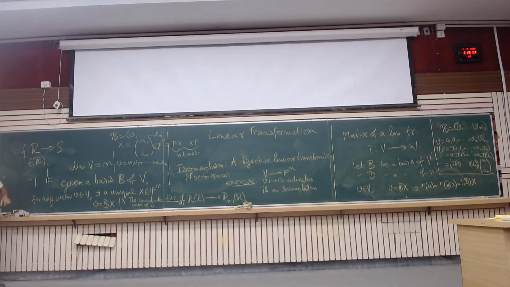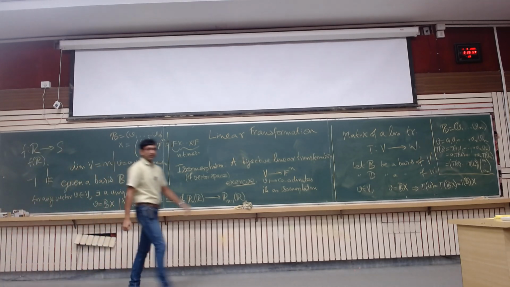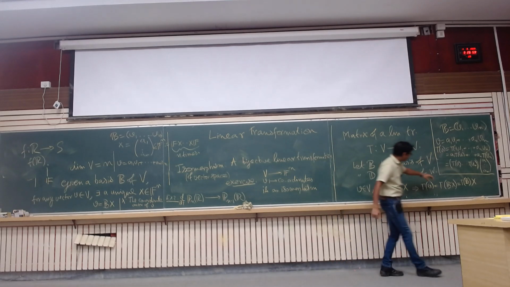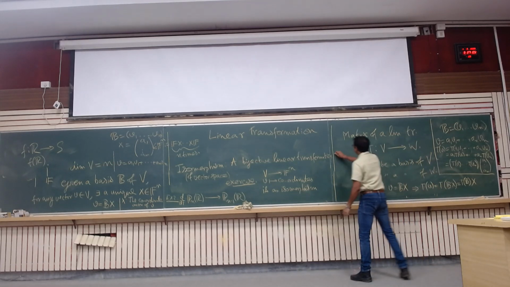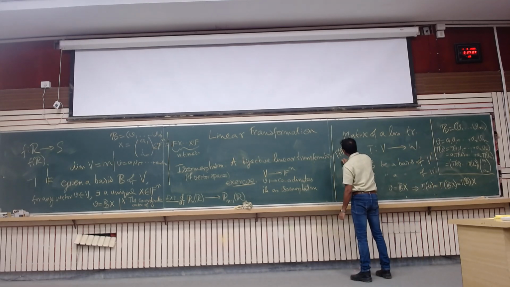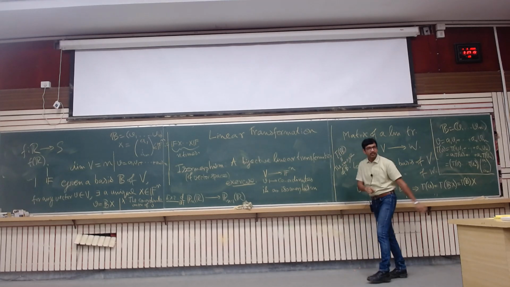So by T of B we mean that it is the image of this particular set, the image of B.